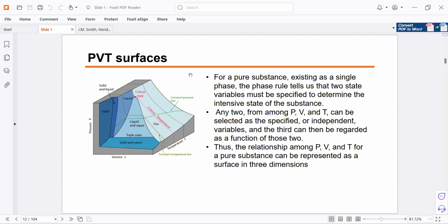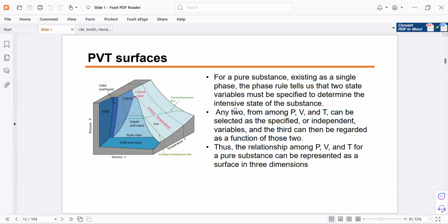What other things can we derive from the PVT surface? Just like I've mentioned, we can observe the phase rule based on the PVT surface. If we have a pure substance existing as a single phase, then the phase rule tells us that two variables must be specified to determine the intensive state of the substance, just like I demonstrated from the PT diagram.